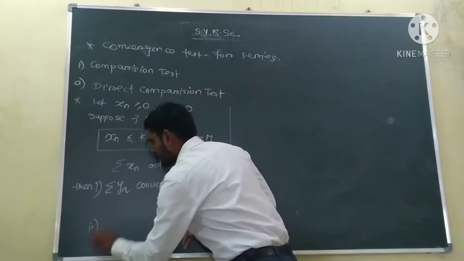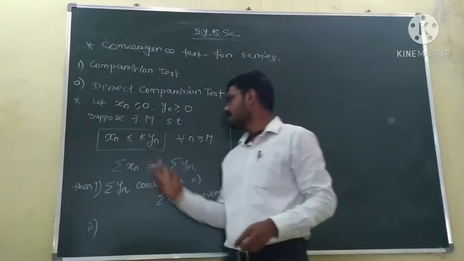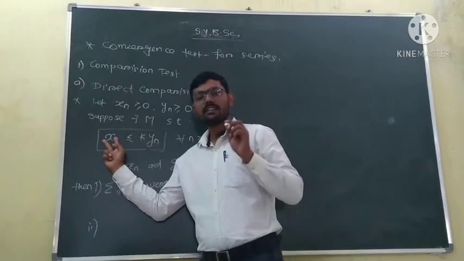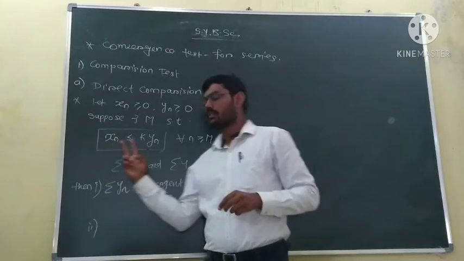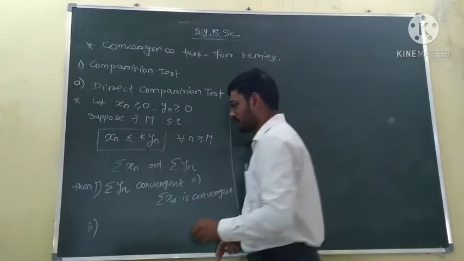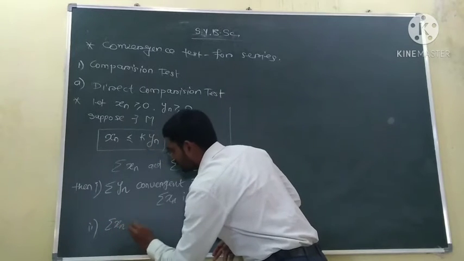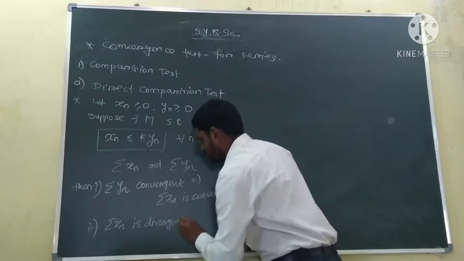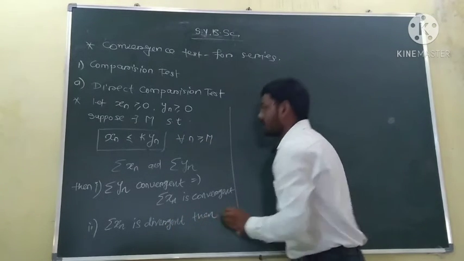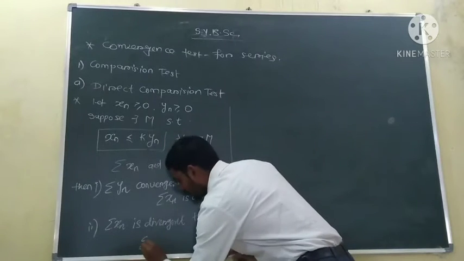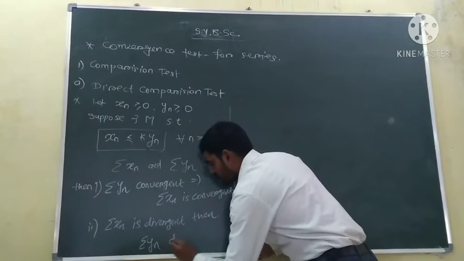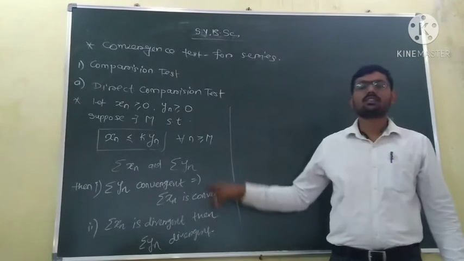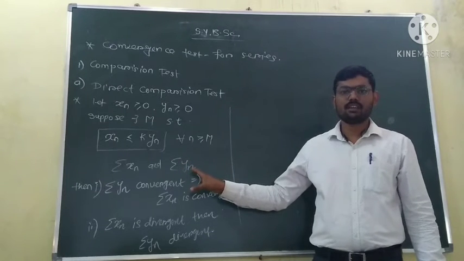What is the first statement? If the bigger series is convergent, then the smaller series is also convergent. And the second statement is, if the smaller series xn is divergent, then the bigger series yn is also divergent. Okay, so this is the direct comparison test.